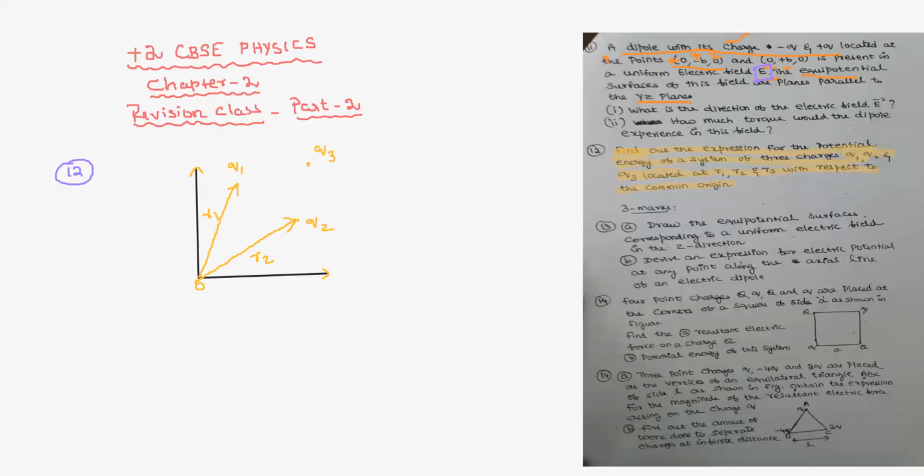The distance between q1 and q2 will be r12. And similarly, when you keep charge q3, this direction is r13, and this direction is r23.